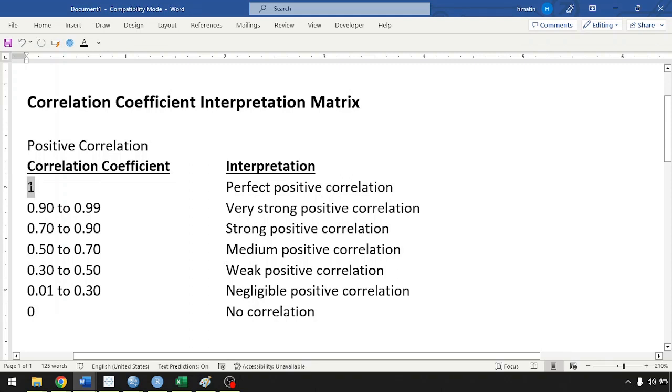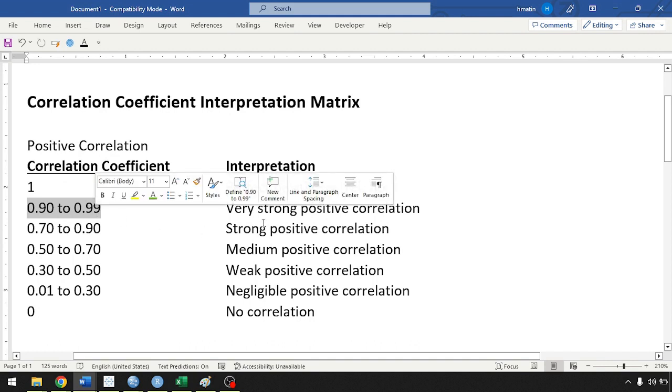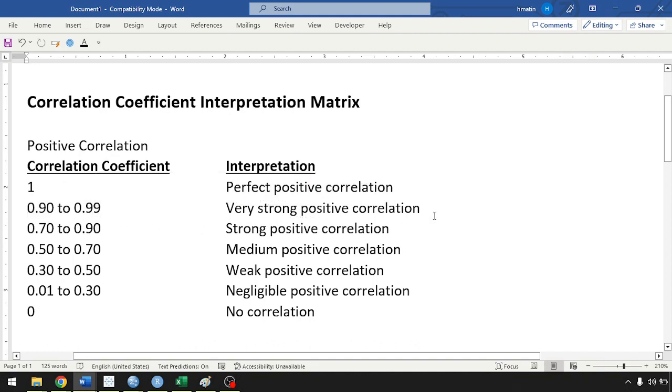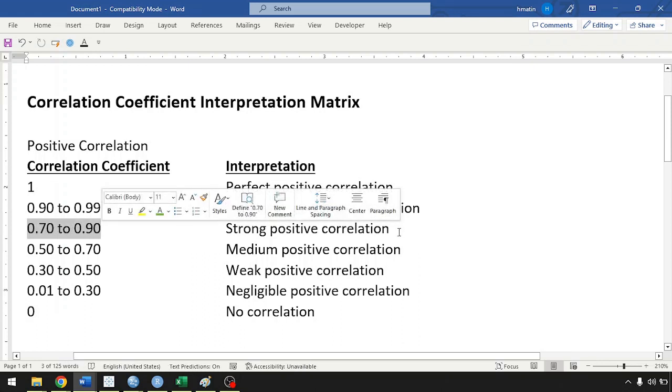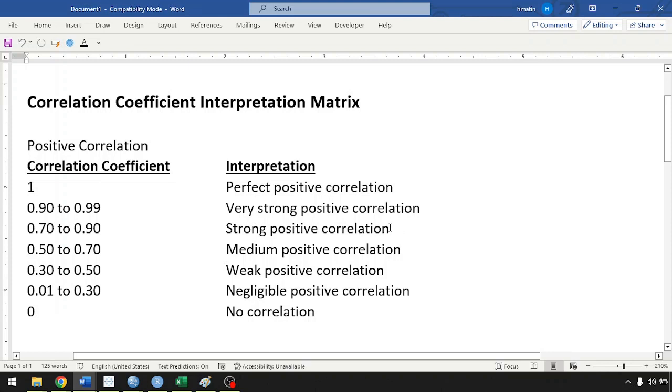So if it's a 1, it's a perfect positive correlation. If it's between 0.90 and 0.99, it's very strong positive correlation. And if it's between 0.70 and 0.90, it's a strong positive correlation. It's not very strong, it's not weak, but it's in there. If it's between 0.50 and 0.70, it's medium positive correlation. And if it's between 0.30 and 0.50, it's a weak positive correlation.